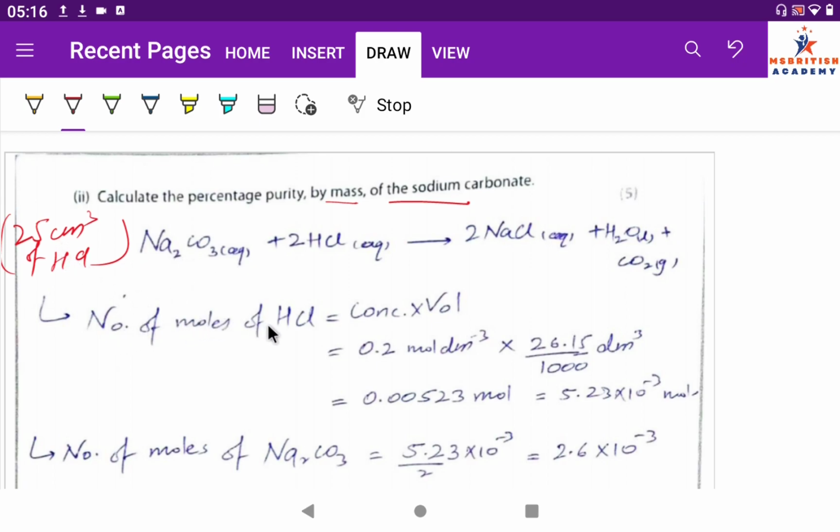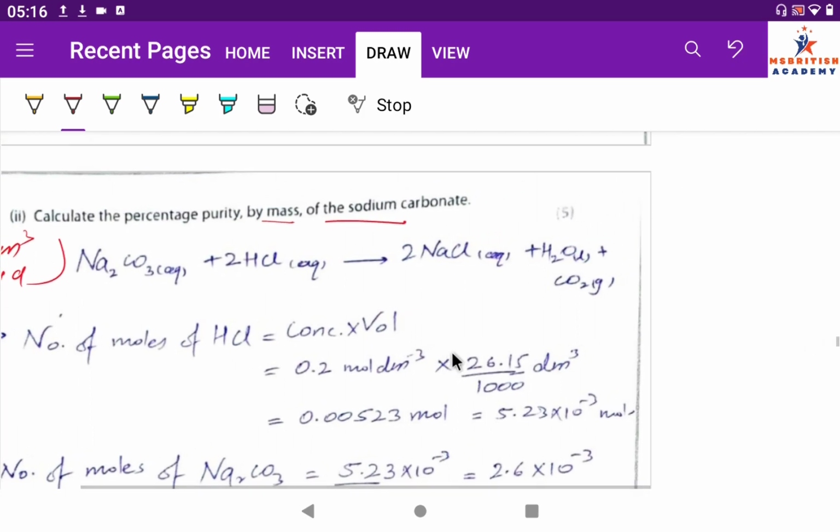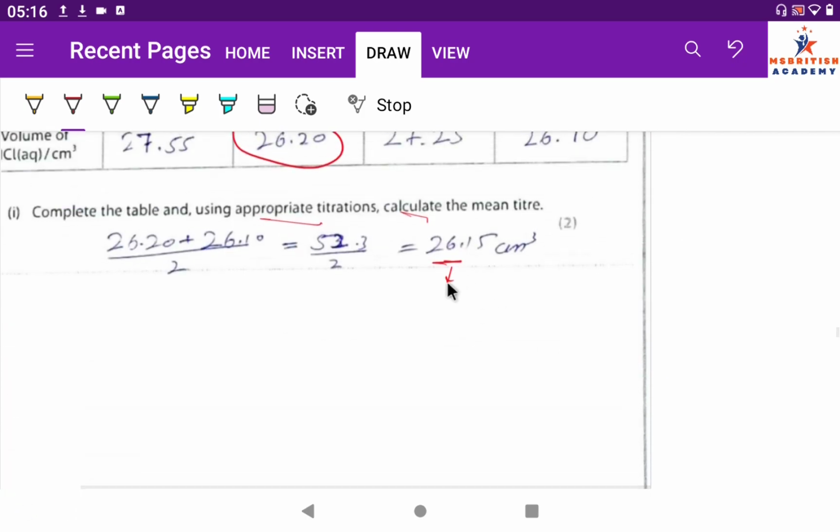So the number of moles of HCl is concentration multiplied by volume. The concentration is given to us as 0.2 moles per decimeter cube, and the volume we got here is 26.15 centimeter cube, but we need it in decimeter cube, so we will divide by 1000.